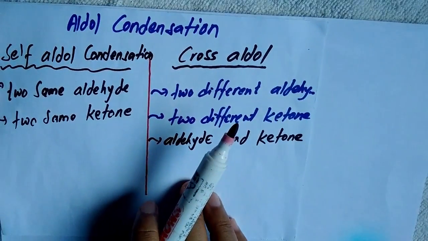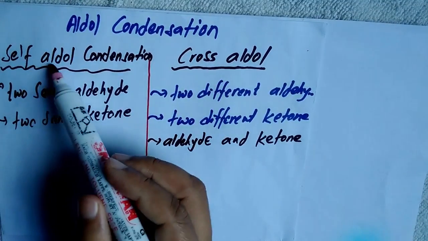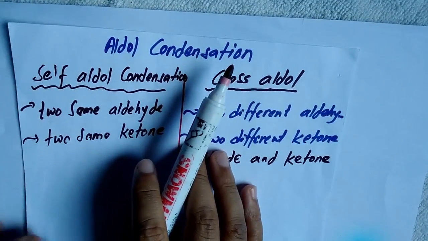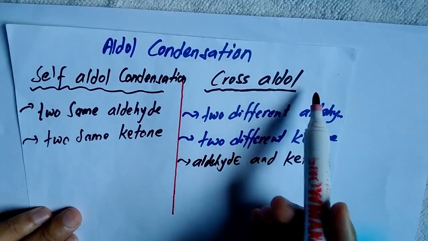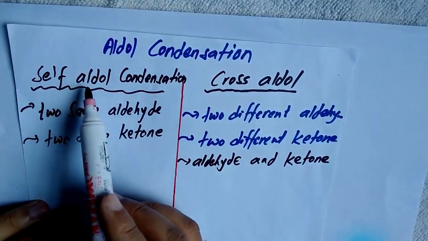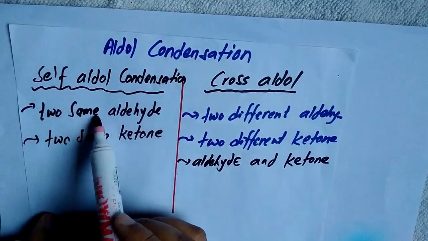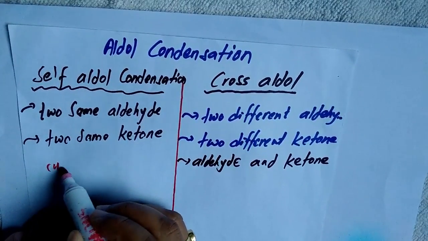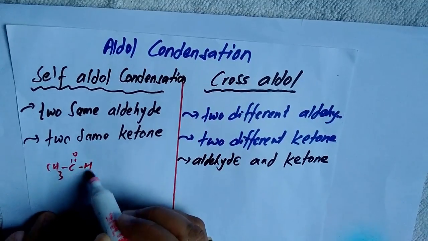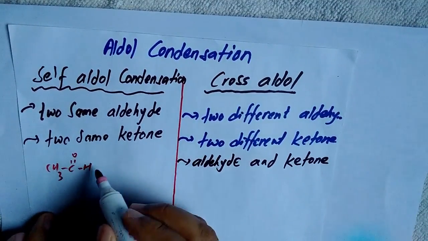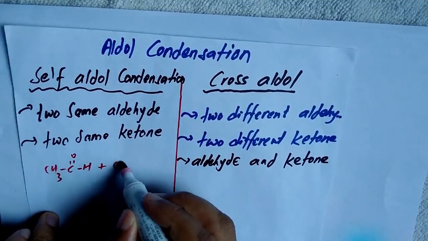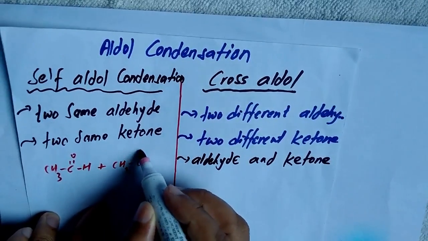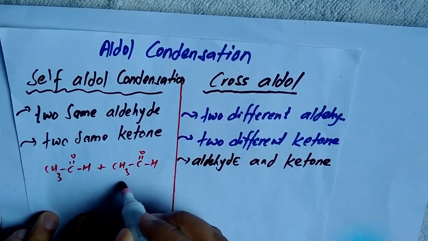Aldol condensation is normally of 2 types: self aldol condensation and cross aldol condensation. Self aldol condensation means 2 same aldehydes; both aldehydes should be the same. For example, CH3 C double bond O H, this is acetaldehyde, and we should use another CH3 C double bond O H, which is also acetaldehyde.